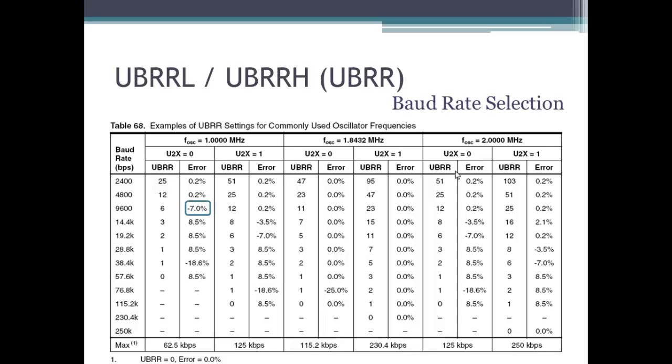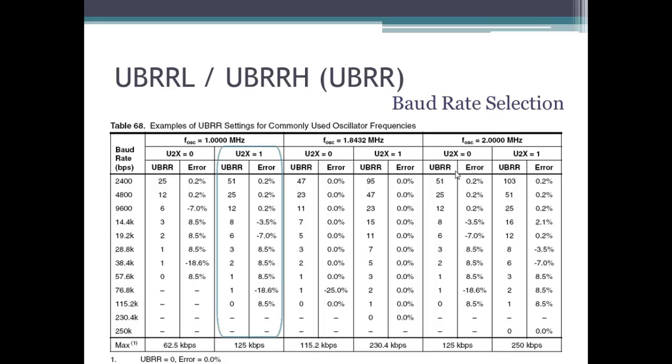It's the error between the actual clock frequency and 9600 bits per second. It's in fact 7% low of 9600 bits per second. That's because by dividing from a 1 megahertz clock, the closest you can get to 9600 bits per second is 7% below it.